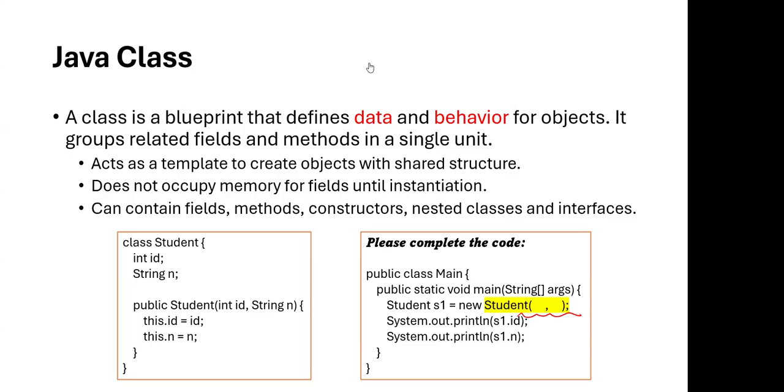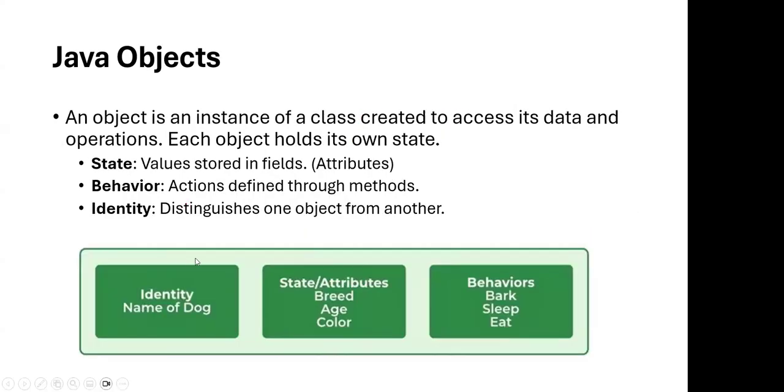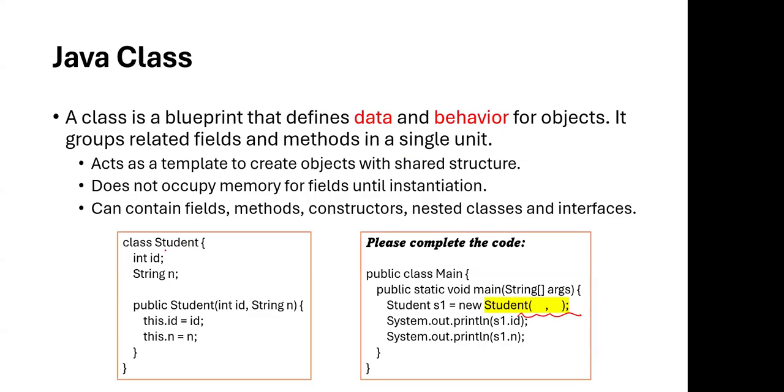You said that is the first name and last name. However, Aiden, please look at the class Student here. For the fields, we only have ID and n, but you mentioned the first name and the last name, right?